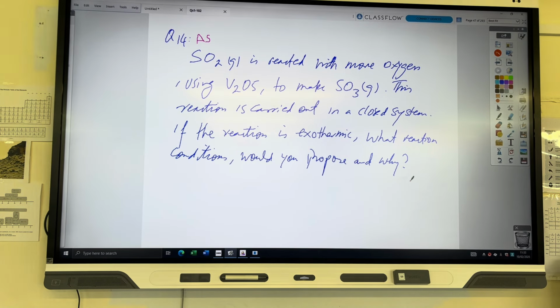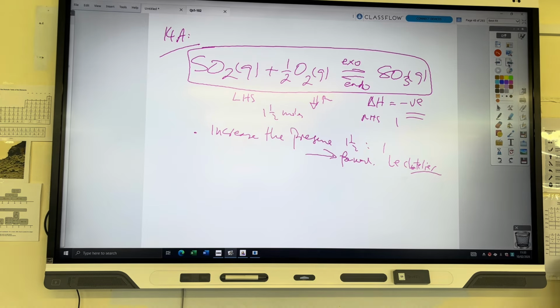Question 14. Sulfur dioxide is reacted with more oxygen using vanadium pentoxide to make sulfur trioxide gas. This reaction is carried out in a closed system. If the reaction is exothermic, what reaction conditions would you propose and why? And there's the answer.